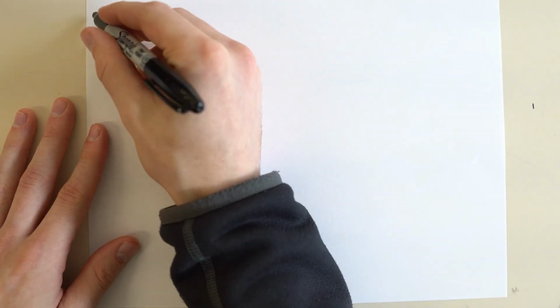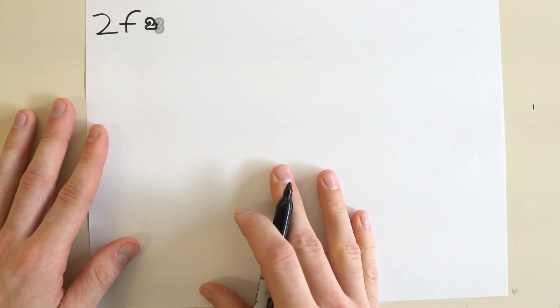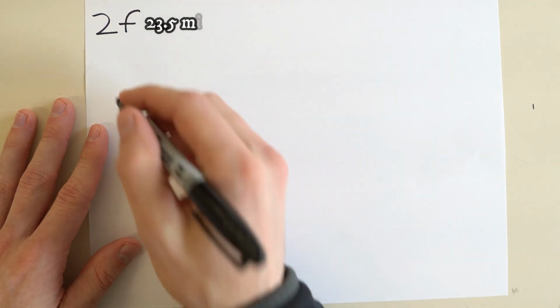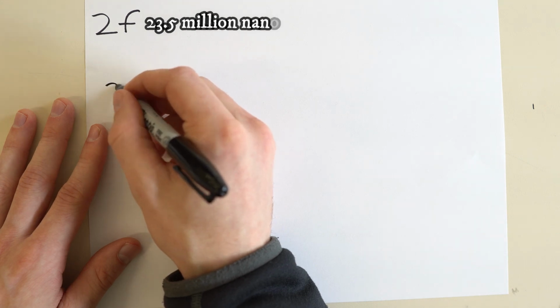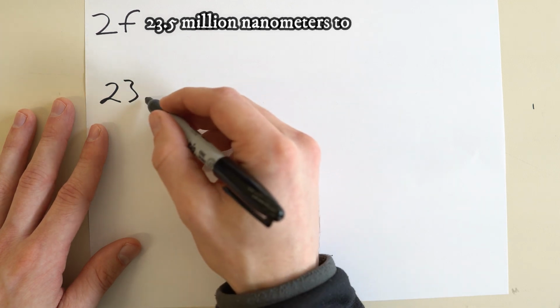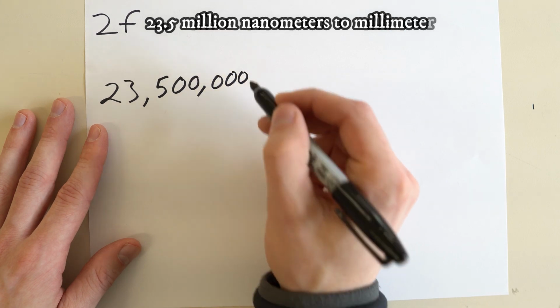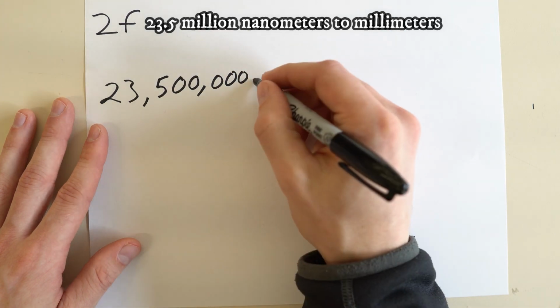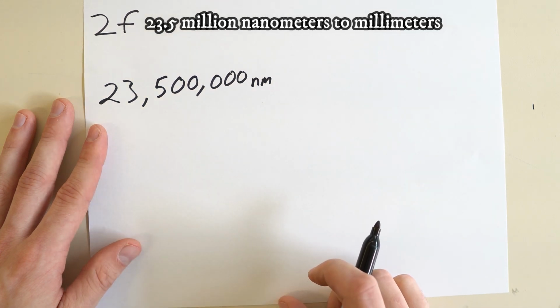And here 2F, which is asking us to convert 23,500,000 nanometers into millimeters.